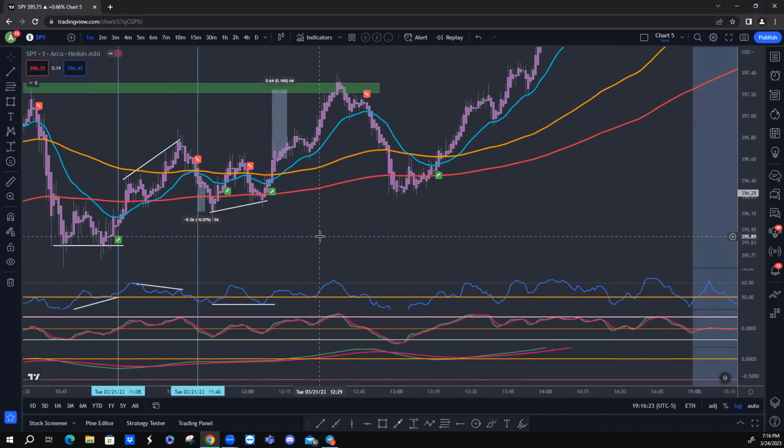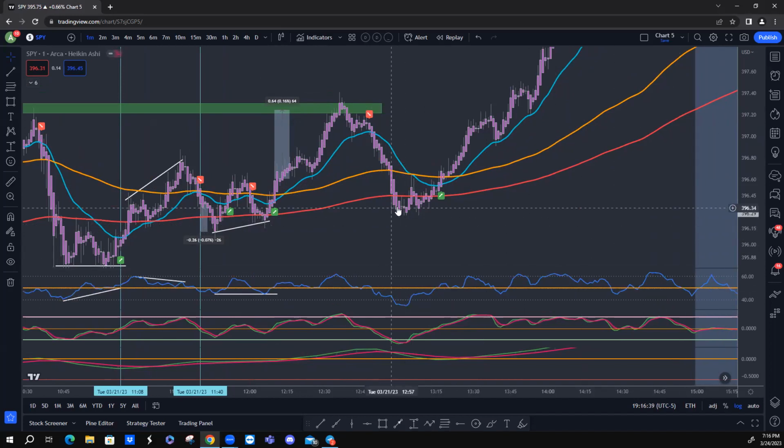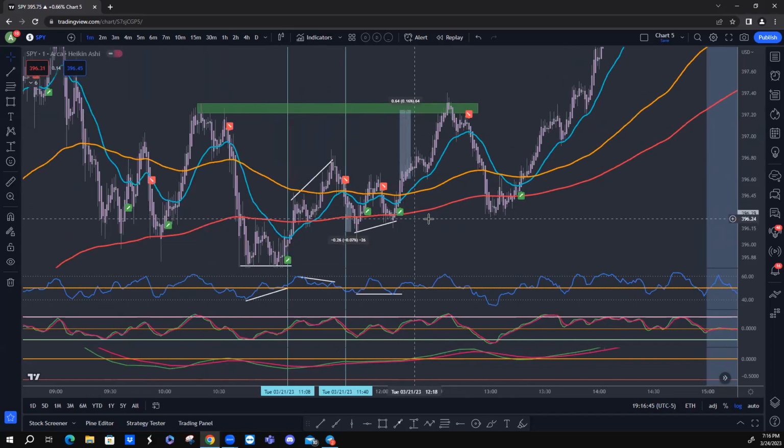Okay. So this is sort of the idea of how I'm using this, and it's been working out pretty good so far. Down here, for instance, this here is not, at least on this time frame.